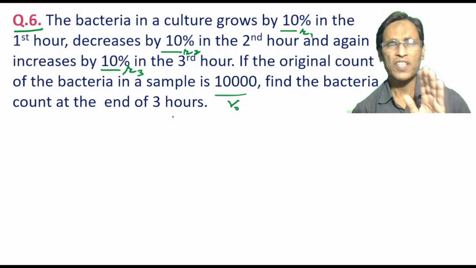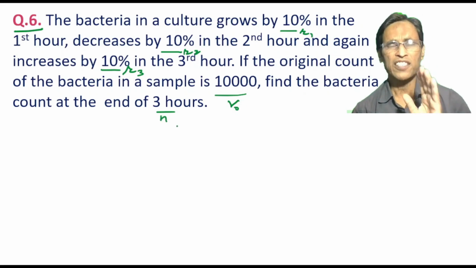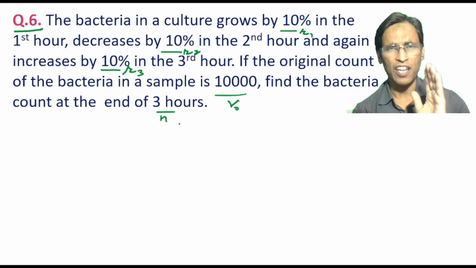On the basis of this information, we have to find the number of bacteria after 3 hours. So it is in place of n. Now, by collecting this information, we proceed to find the number of bacteria after 3 hours.